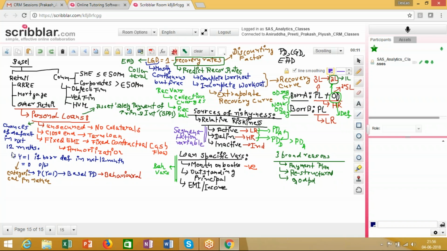Let's think about this part better. What is acquisition PD? Let's take the case that there is an applicant. There are some applicants who come into the bank to ask for a loan. This is what we call the through the door population. The through the door population comprises the set of all possible accounts which have come to the bank asking for credit.